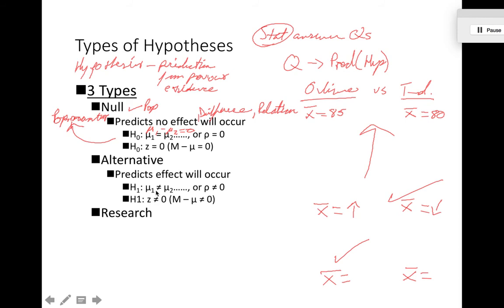So in other words, mu1 is not equal to mu2, or mu1 minus mu2 is not equal to 0. Okay, which is very important. So in our particular case, the difference between mu1 and mu2 is not equal to 0, or mu1 is not equal to mu2.